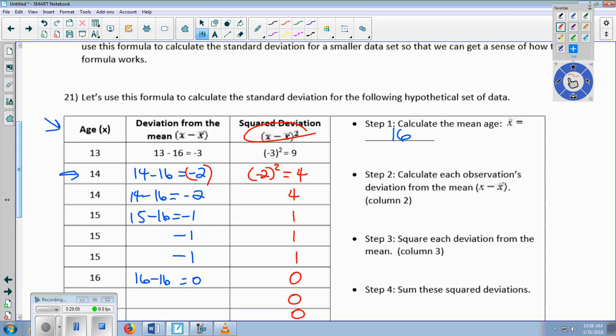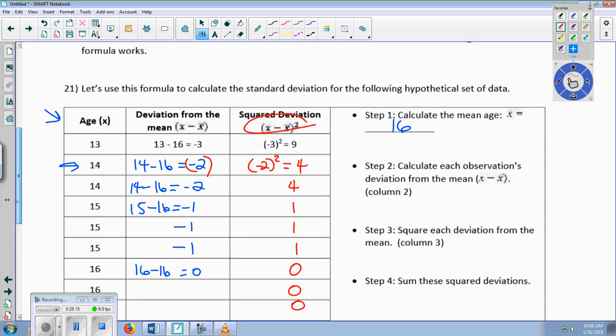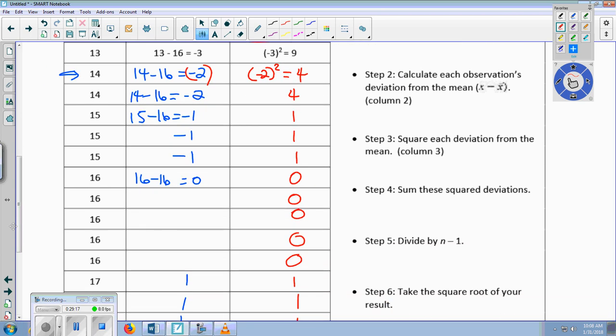So what we need to do is sum all of this column. We're going to sum my red column, and that's this part of the formula. And so that comes out to be 40.